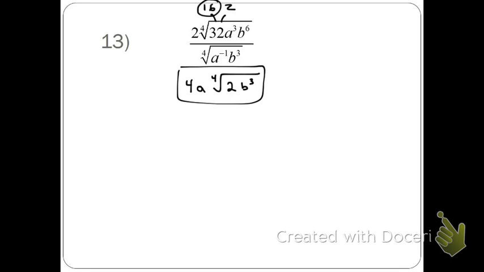I get how you put the a to the fourth up here, but what happened to the b cubed on the bottom? Okay, so look. What's b to the 6th over b cubed? B cubed. So I simplified it, and then I can't take the fourth root of b cubed, so it stays underneath the radical. You follow me? Yeah. Okay, good question. Other questions? Okay, let's keep it going.